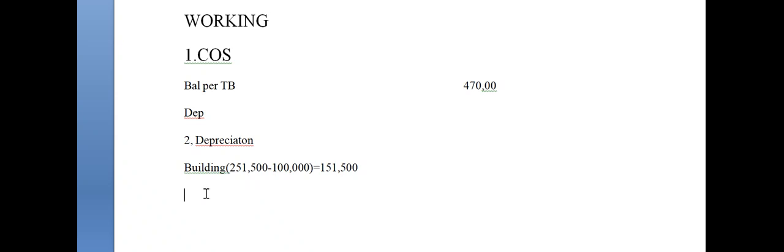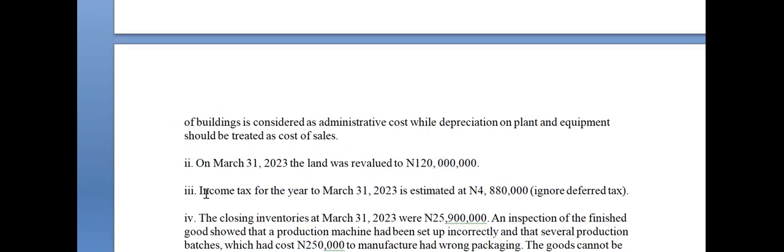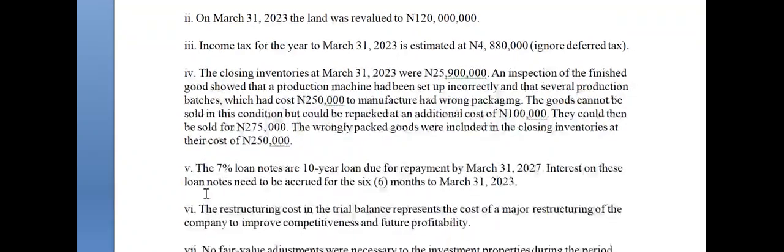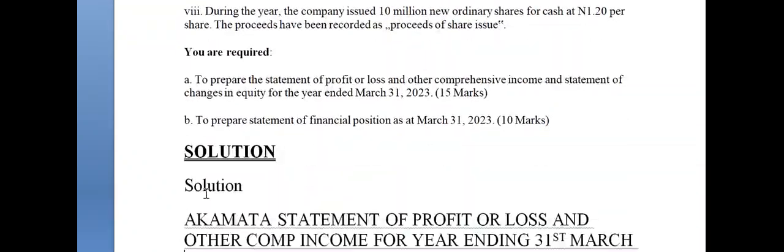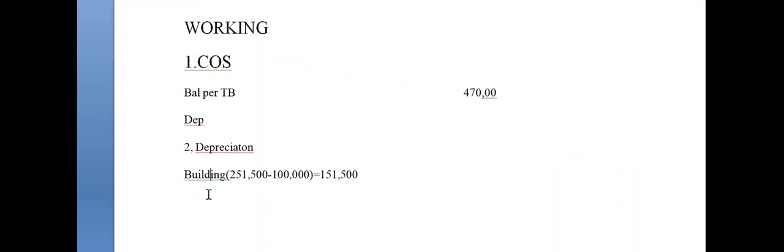And we were told that the depreciation on the building is 5% per annum on a straight line basis. Once you see straight line basis, you should know that you are going to charge your depreciation on cost.